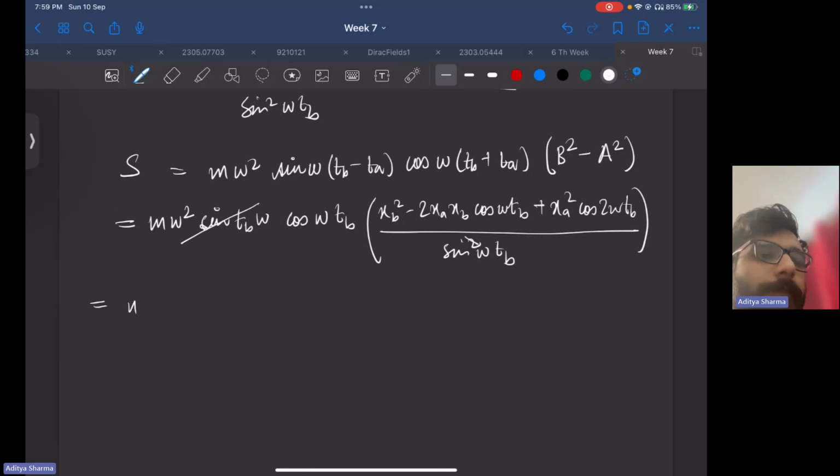We are going to get omega square plus omega tb equals cos by sin is cot omega tb, xb square minus 2x xb.